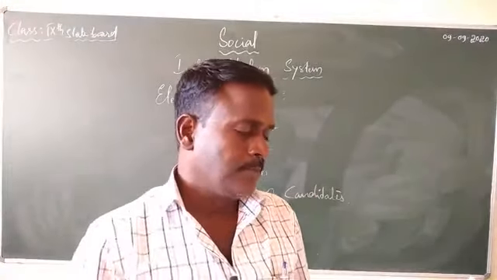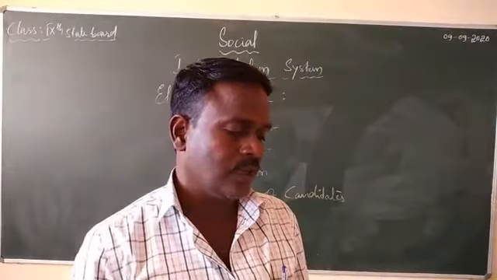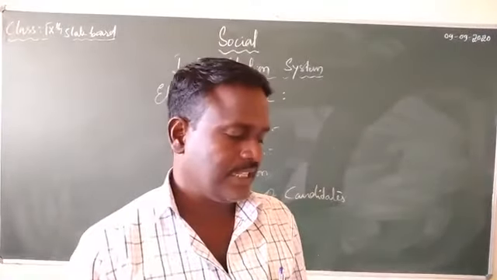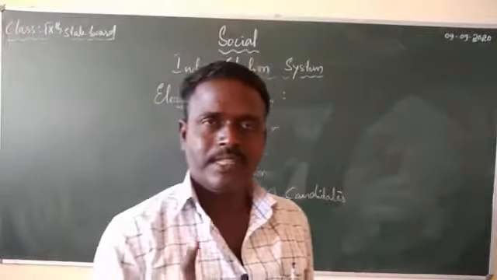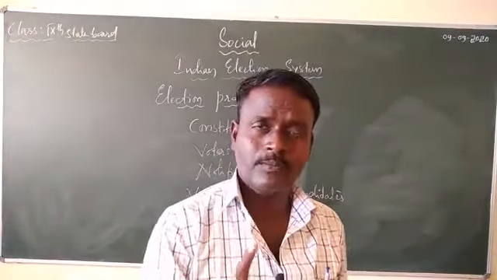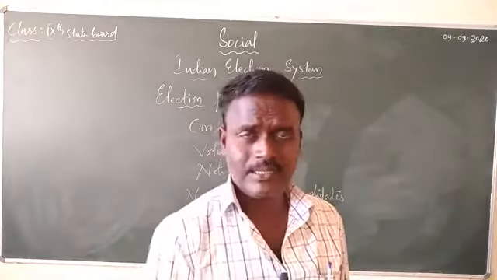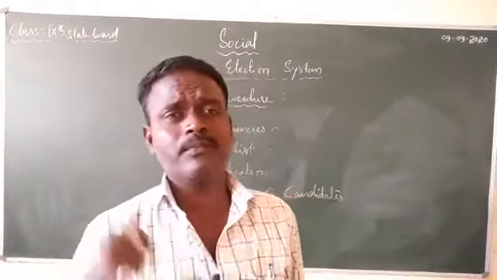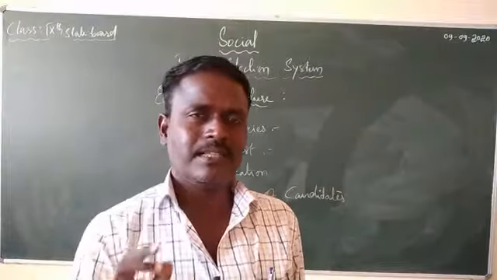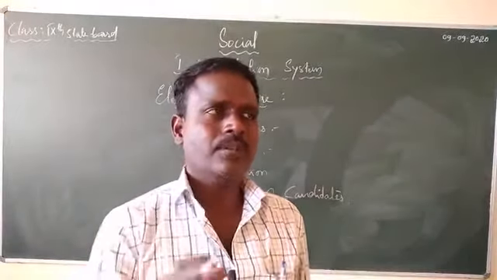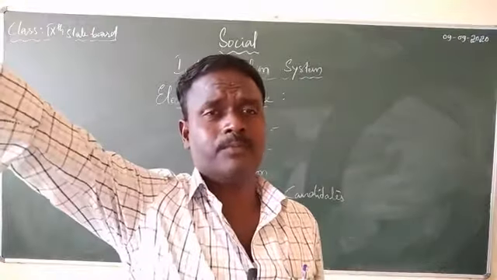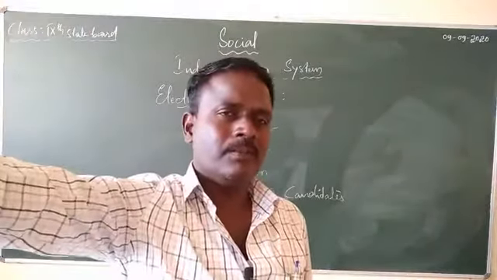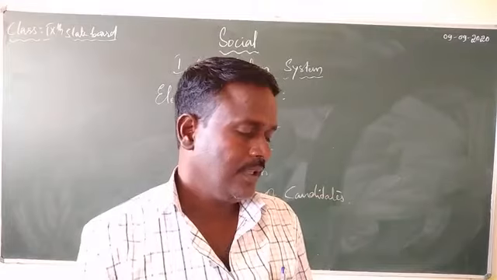The members elected from one Lok Sabha constituency become the members of Lok Sabha. Whoever is elected as MP in the MP election becomes a member of Parliament, a member of Lok Sabha.